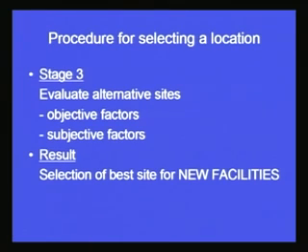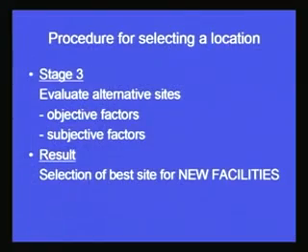Now, we have to make a final decision. Now, the final decision is made in stage 3. Now, this decision would be based on certain objective factors and certain subjective factors. So, now based on the objective and subjective factors, we would be able to make a final decision on where to locate the facility.